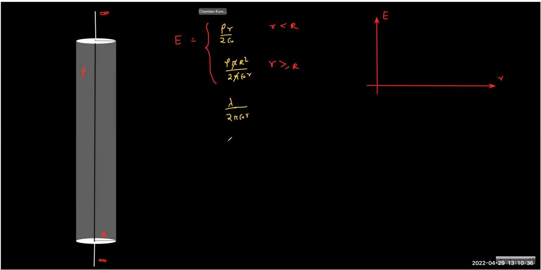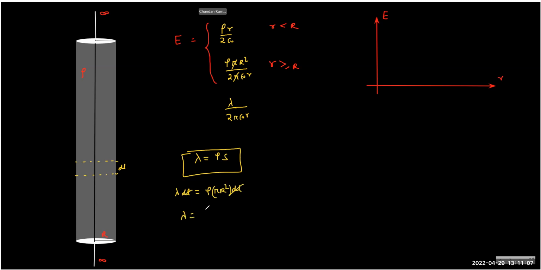But the question is, what is lambda? Lambda is defined as rho into cross section area, and you can prove it easily, right? If you choose a particular length dl, the charge will be lambda dl in terms of lambda, but in terms of density, you can write it as rho into cross section area, which is rho into pi R square.